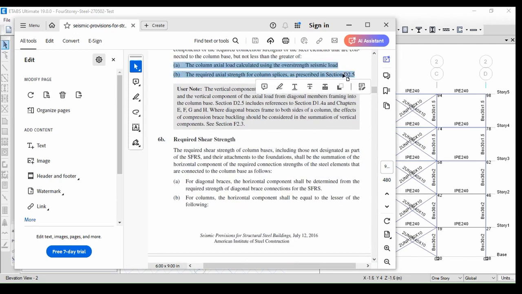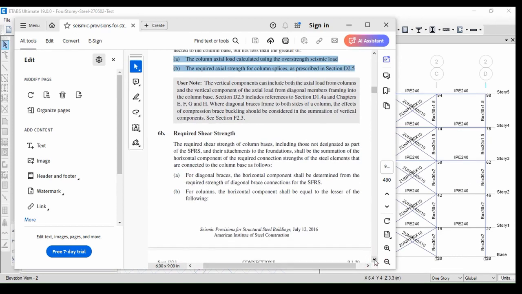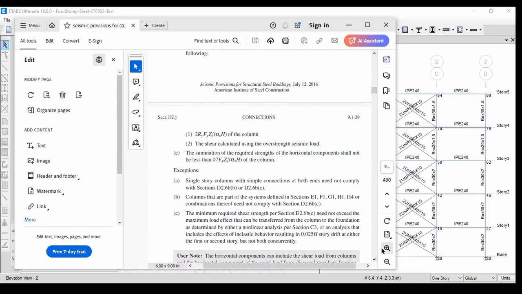And the second force is shear force. The required shear strength consists of the summation of 2 parts: the horizontal component from the required strength of the diagonal brace connection and the lesser of the following 1 and 2 here.